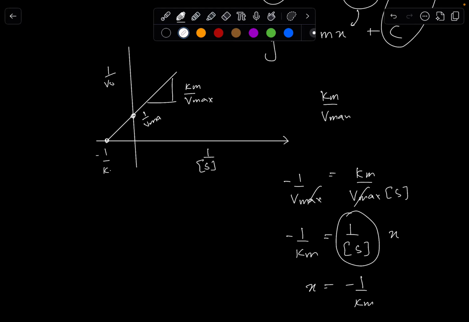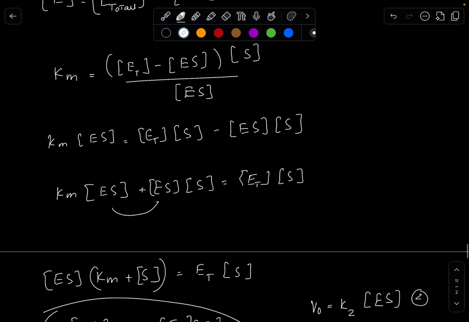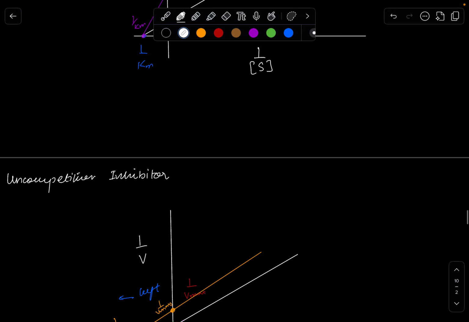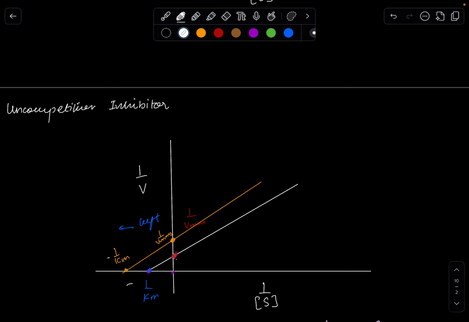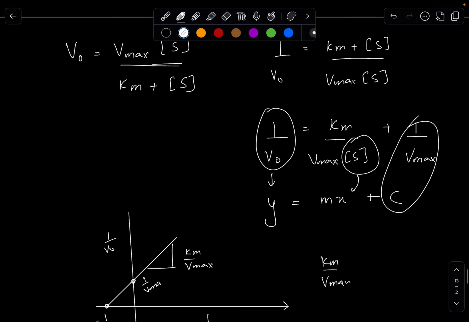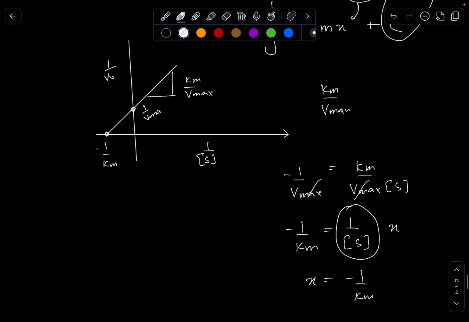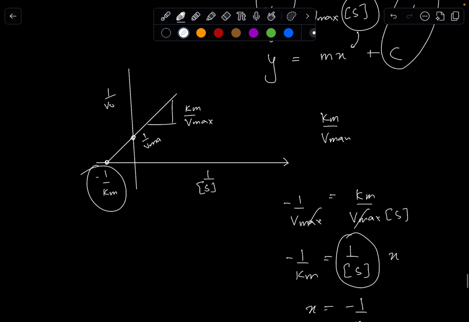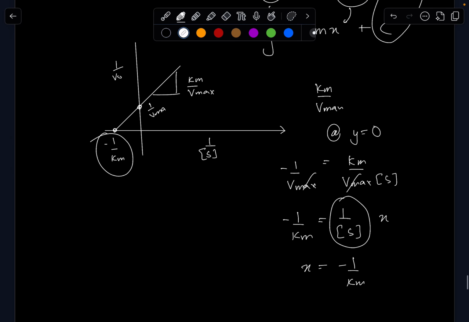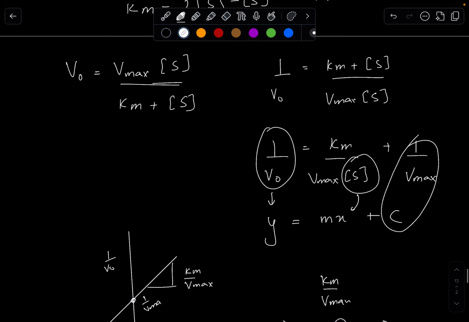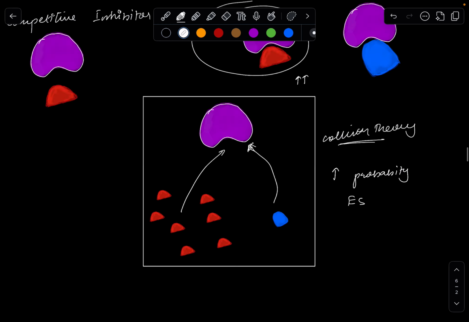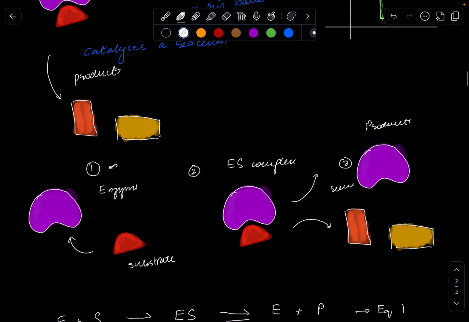Remember, I said this is 1 over Km, but remember it's on the negative side. So this is always negative, right? But here, through just basic maths, we have shown why it is, at y equals 0. And so guys, this is a very, very comprehensive understanding of enzymes and the Michaelis Menten equation.